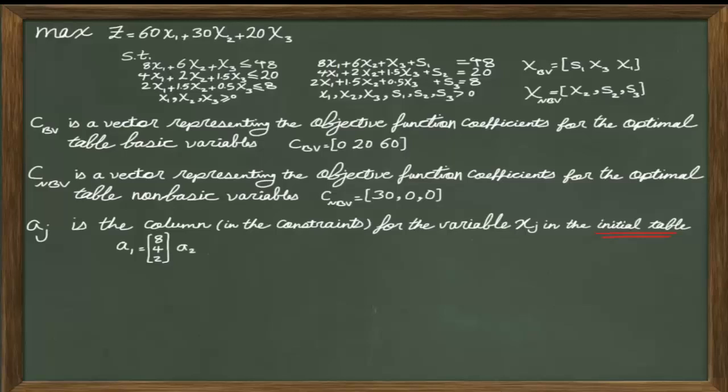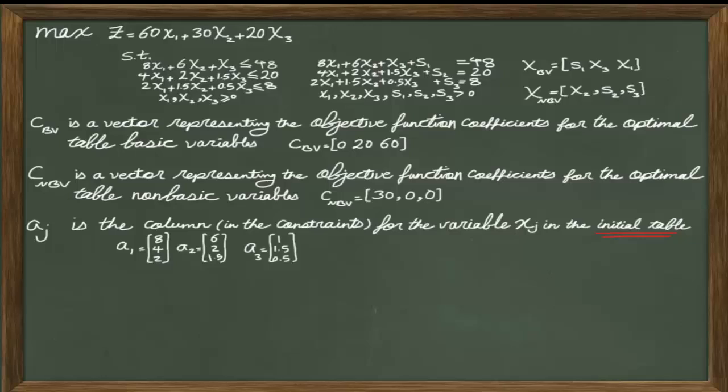Similarly, A2 is the column of the coefficients related to the second decision variable. If I assume x2 is my second decision variable, this vector will be 6, 2, and 1.5. If I assume that x3 is my third decision variable, the coefficient of x3 in all the constraints forms the A3 vector.